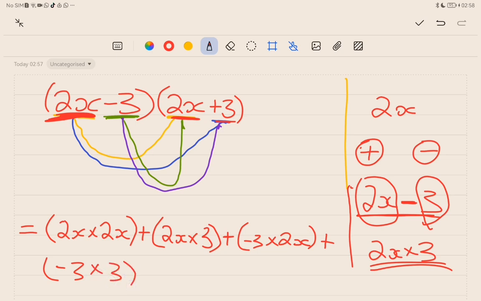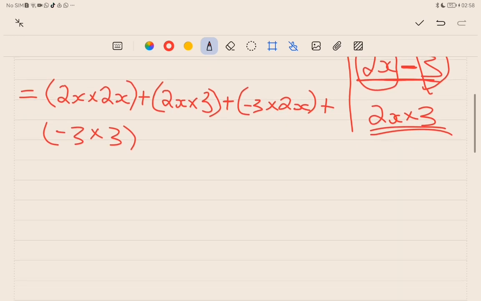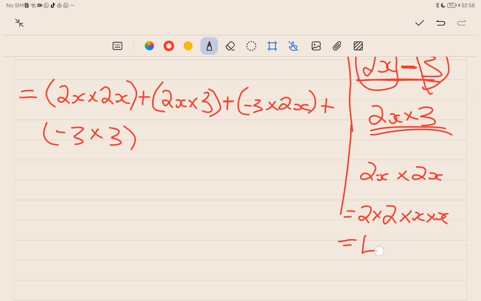Now we want to know what is 2x multiplied by 2x. When you multiply two things which consist of variables and numbers, the first thing that you're going to do, you're going to multiply the numbers, then multiply the variables. So 2 times 2 is 4. You can use your calculator.